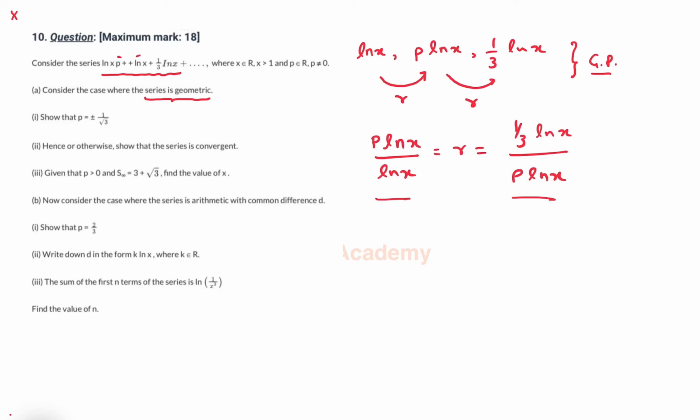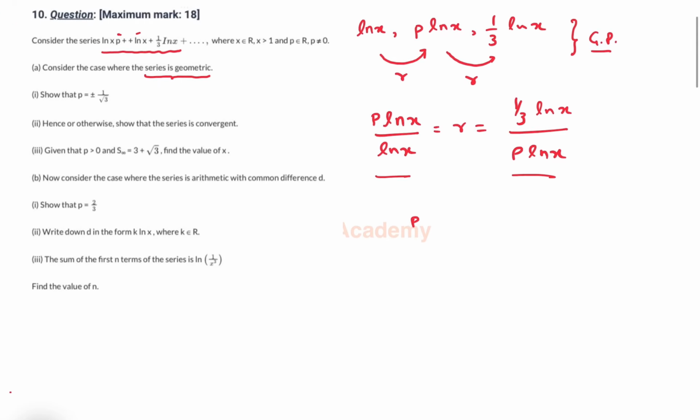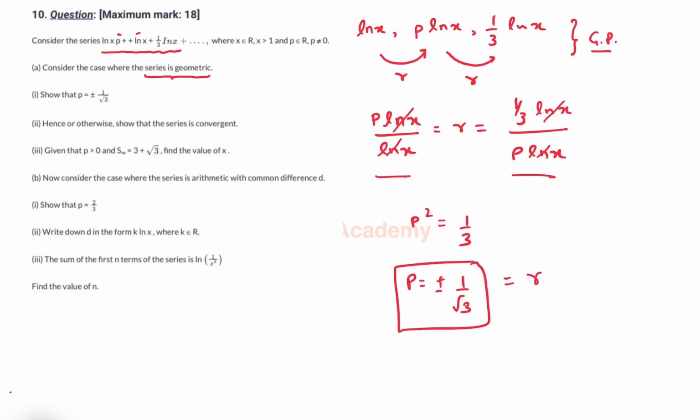Now equating these two terms, we will get p, since in both terms we have natural log of x, we can cancel this. We get p square equals 1 by 3. So p is equal to plus minus 1 by root 3. So these are the values of p.